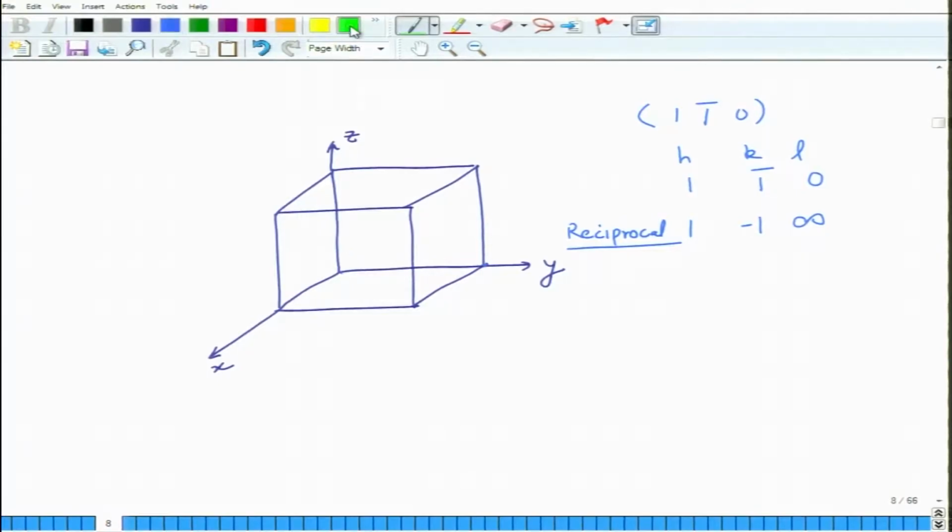So, this is the intercept on x, this is the intercept on minus y, and there is no intercept on z, which means it is parallel to z, it is infinity. So, the plane would be this and that. This would be the 1 bar 1 0 plane.